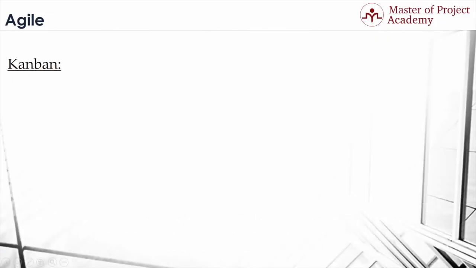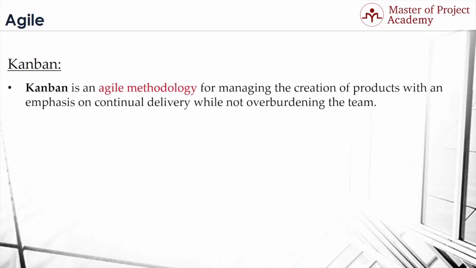Kanban. The name Kanban originates from Japanese and means roughly a signboard or billboard. From Agile methodology point of view, Kanban is an Agile methodology for managing the creation of products with an emphasis on continual delivery while not overburdening the team.